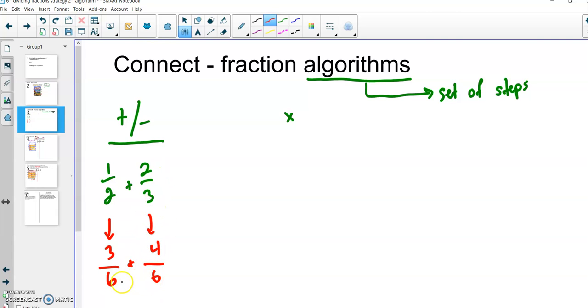And once their denominators match, now you can add them together. And that would be 7/6 or 1 1/6. Right? So that's the algorithm you learned to add and subtract fractions when you were in 5th grade. It's like the set of steps you follow. Get the denominator the same, then add up the numerators.